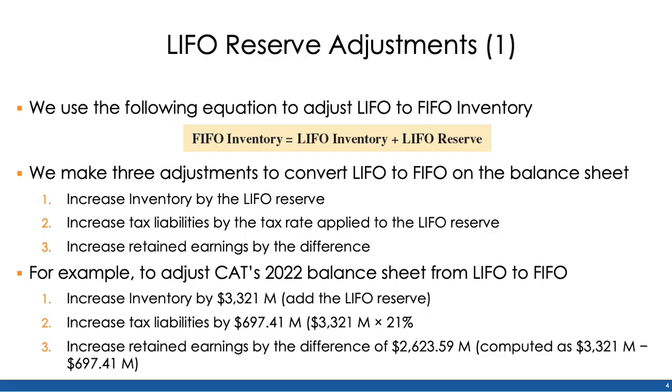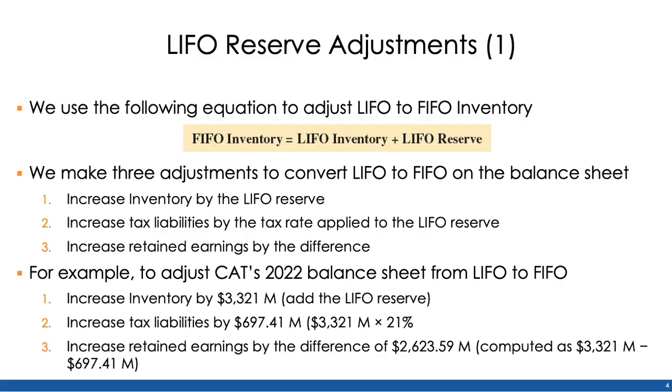So we basically need to make 3 adjustments to convert LIFO to FIFO using the level of reported LIFO reserve. You may remember that the level of reserve is required by GAAP if you choose to use LIFO, to show the adjustment back to FIFO, what that would actually do. And so you see the 3 adjustments here that you have to make to be comparable to a FIFO company.